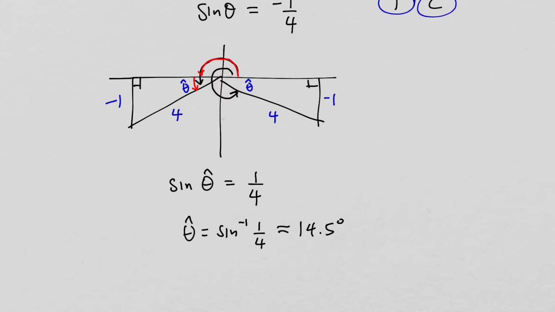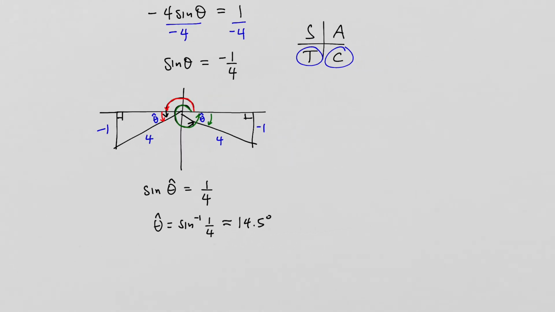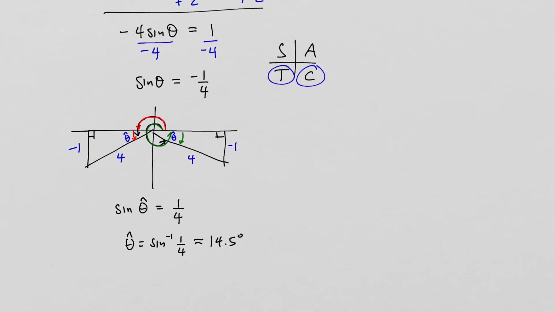And to get this angle, I will take 360 degrees and I will subtract theta hat. So the concept here is that theta is either equal to 180 plus the reference angle, or theta is equal to 360 minus the reference angle. And again, you can see this in the picture.